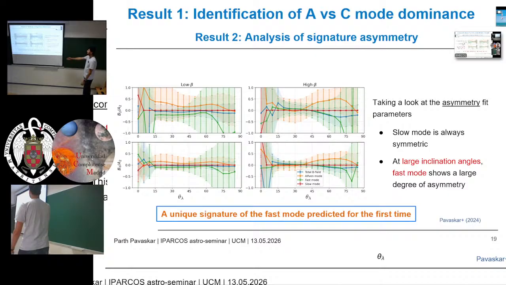And then any deviation away from zero in either side means that the signature is asymmetric, either right or left of pi by 2. So essentially, we don't care what the value of B4 by A2 is, if it's negative or positive. We just care how far away it is from zero, as in how the absolute value of B4 by A2 behaves, right?